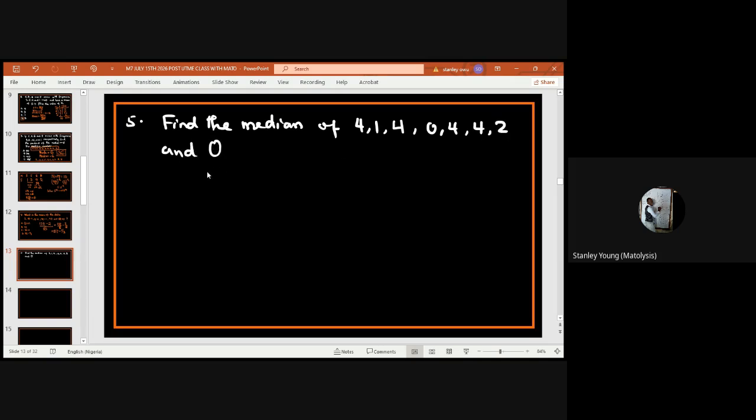So you're looking for the median. Quickly do that while I arrange the options. Arrange it orderly before you get your result. Option A, 2, B, 1, C, 4, and D, 0. What's the answer?